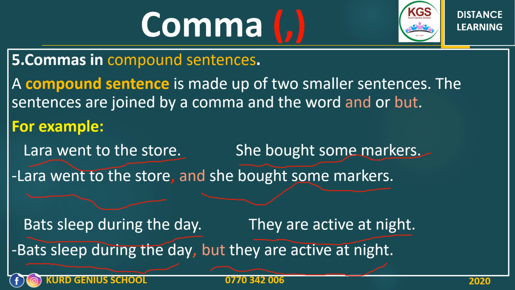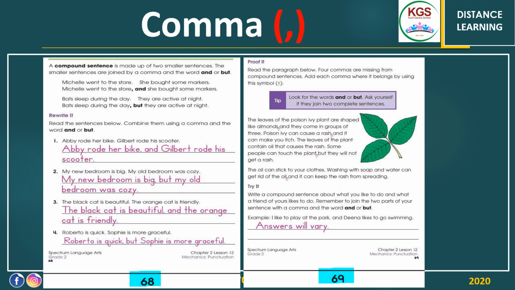You see, we used the word but and a comma. Why did we use the word but? Because the sentences express opposite ideas. This is the answer key.